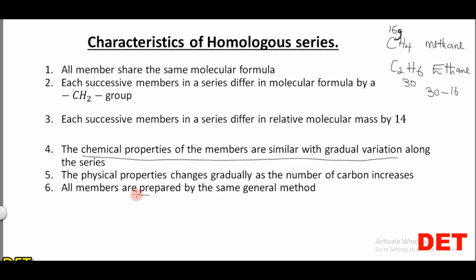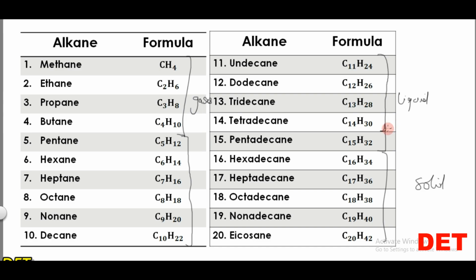All members are prepared by the same general method. So again, the third characteristic that I talked about is that each successive member in a series differs in relative molecular mass by 14. The first member is methane, with a relative molecular mass of 16.